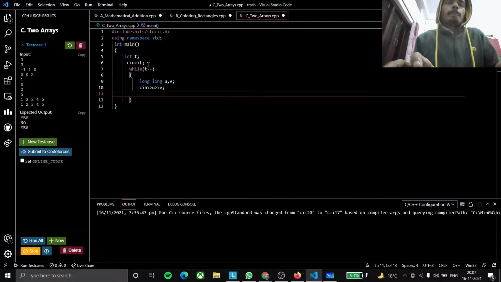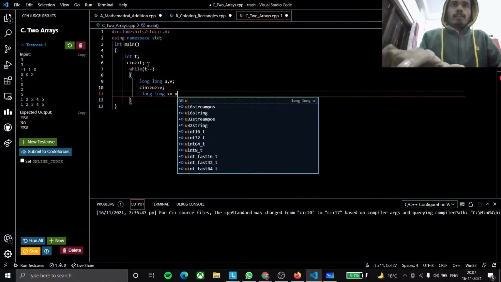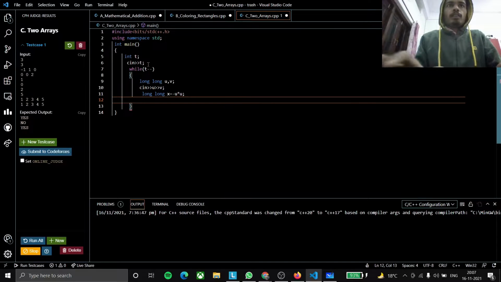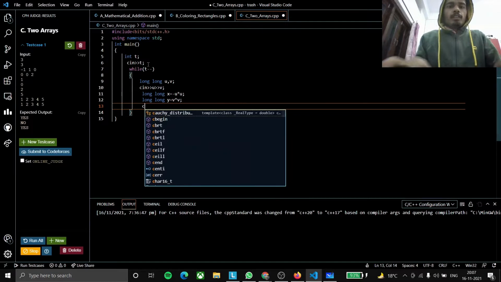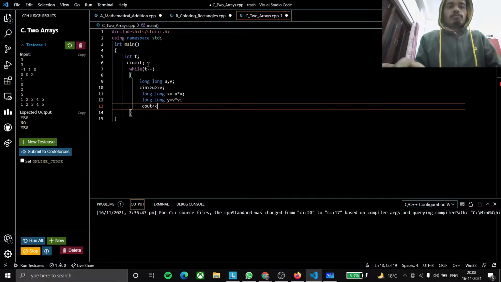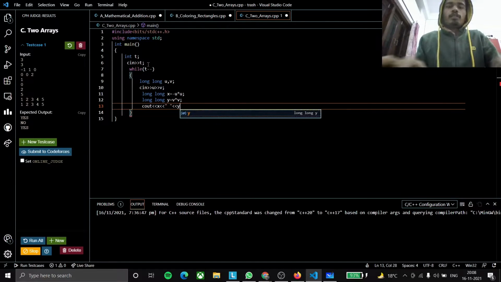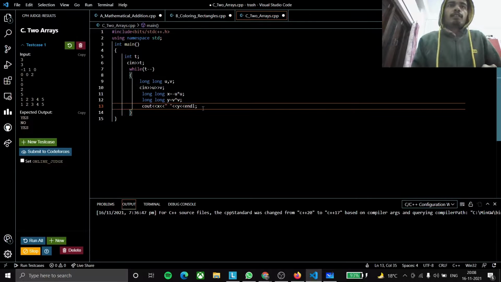We could assign the value of x as minus u times u, since we found that, and the value of y as v into v. Then we just print x and y, since we have to print the x and y values which satisfy this.